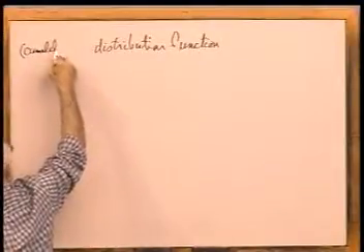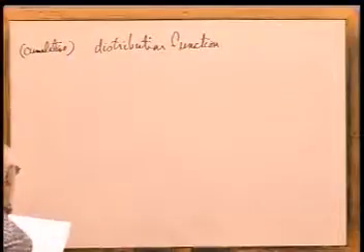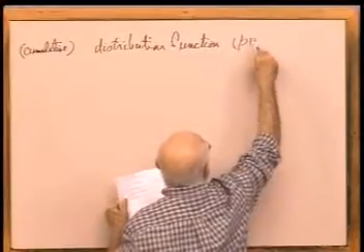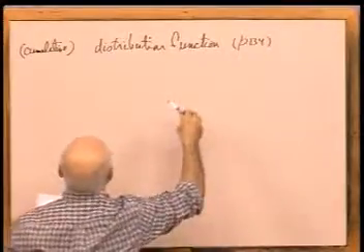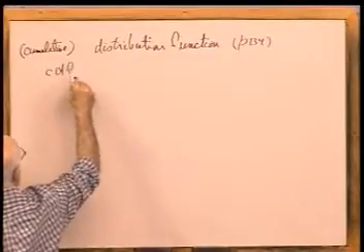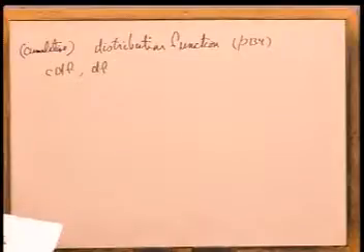Sometimes the word cumulative is left out. And this is on page 134. And this is sometimes abbreviated CDF for cumulative distribution function, or just simply DF for distribution function.